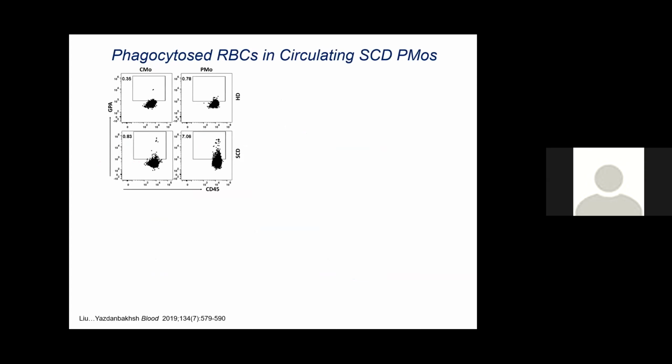The first thing we had to do was ask the question: are these patrolling monocytes capable of picking up red blood cells? We looked at sickle patients and healthy donors, and we only saw it in sickle patients and only in their patrolling monocytes. This is tabulated here. Interestingly, during pain crisis, where there is more hemolysis, there was more of this GPA.